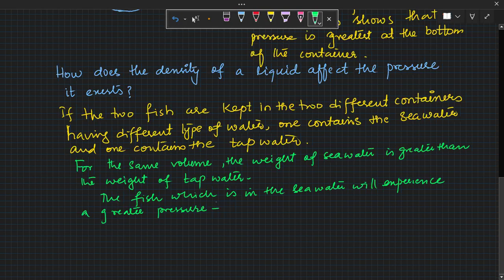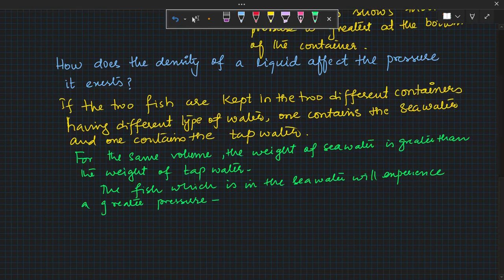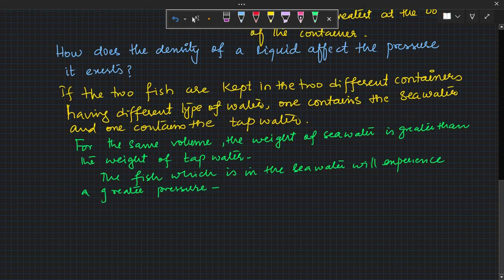Clear? So the concept that we have developed here is that the pressure in a liquid gets affected by the density of the liquid.